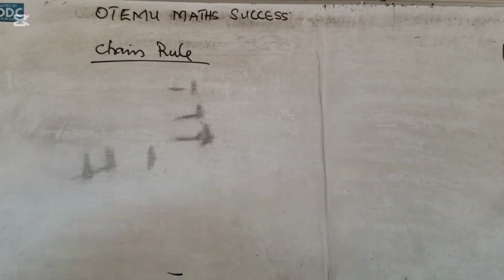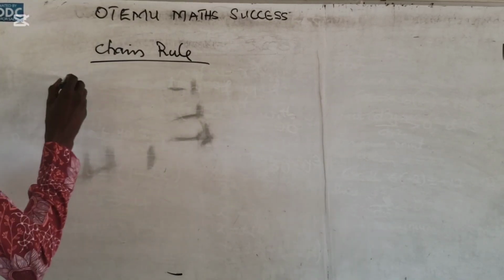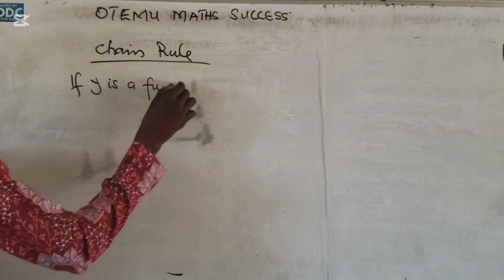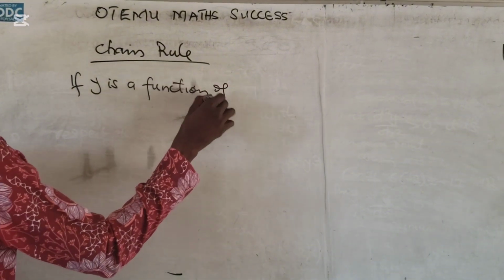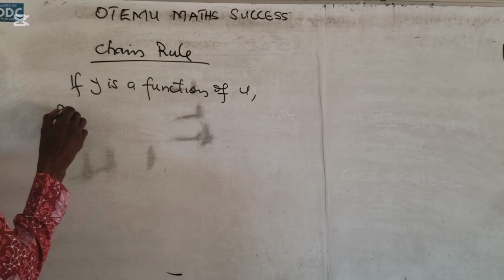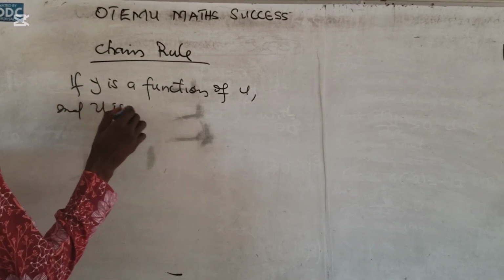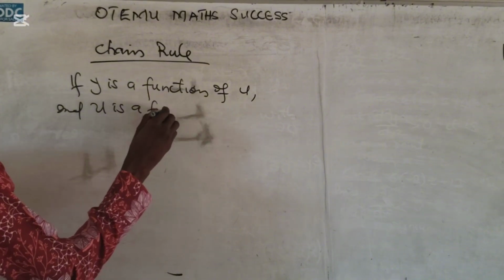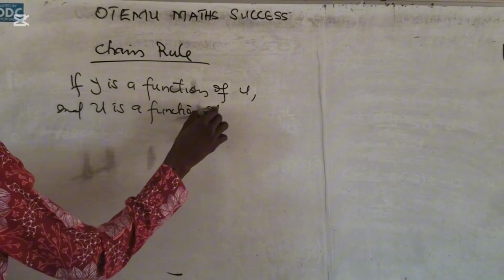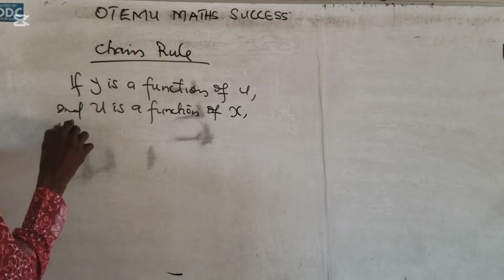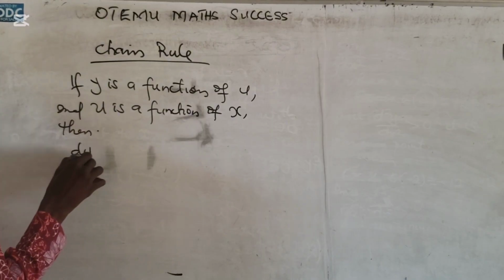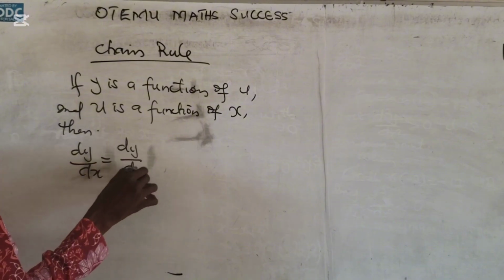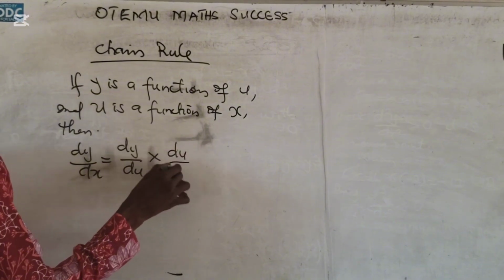God bless you. Let's talk about the chain rule. If y is a function of u and u is a function of x, then dy/dx is equal to dy/du times du/dx.